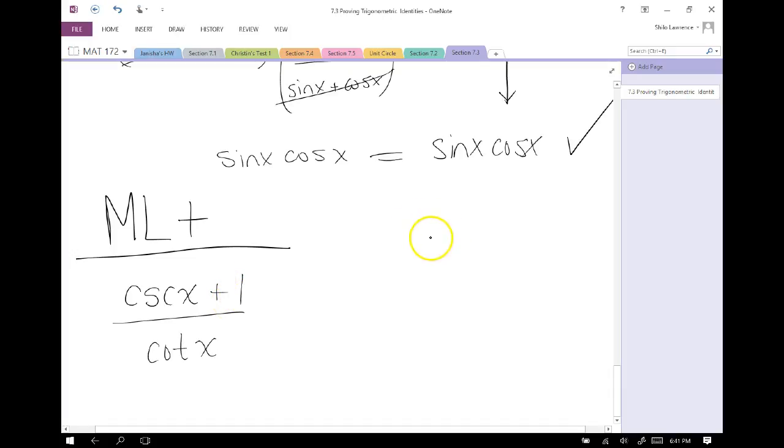If you remember back to algebra class, the expression x squared minus 1 could be factored to x minus 1, x plus 1. So this right here is like a trig identity. Cosecant squared minus 1 is like a trig identity.